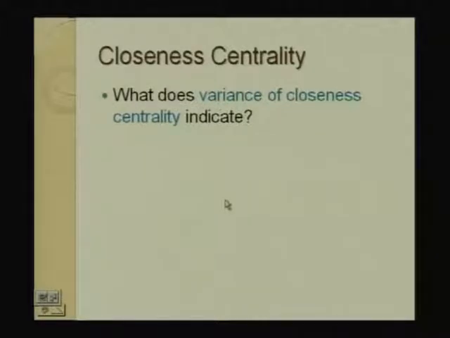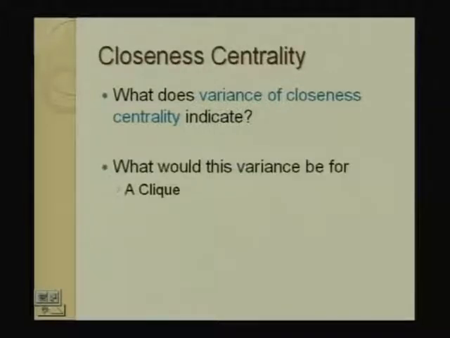Again we can ask questions like, what does variance of closeness centrality indicate? Okay, let me make it a more concrete question. What would be the variance of closeness centrality for a clique? Why will it be 0? Every node is connected to every other node, so the closeness centrality for all the nodes will be 1 by n minus 1.